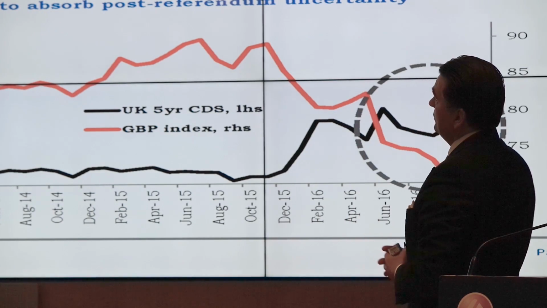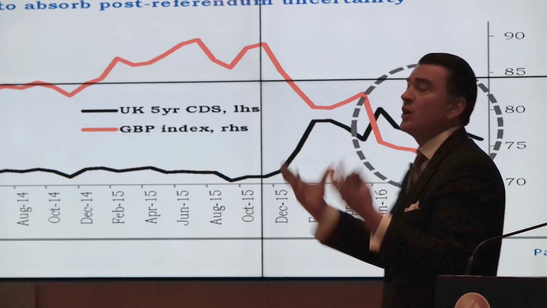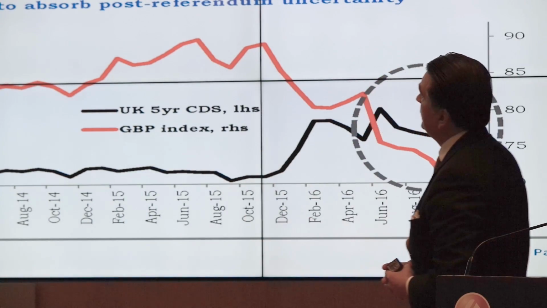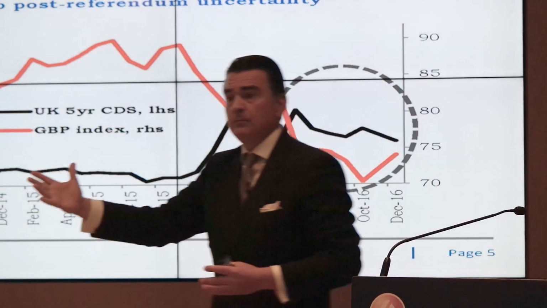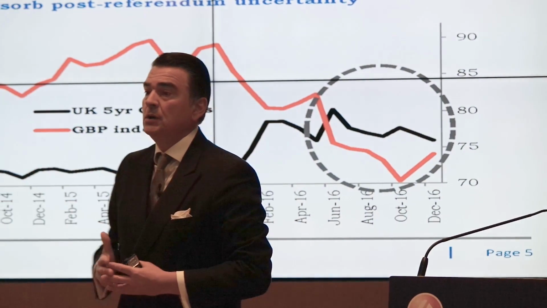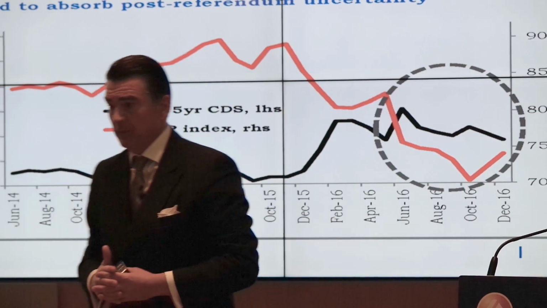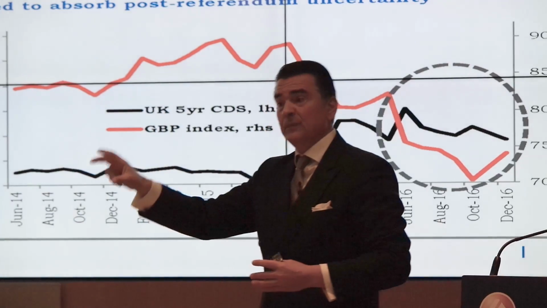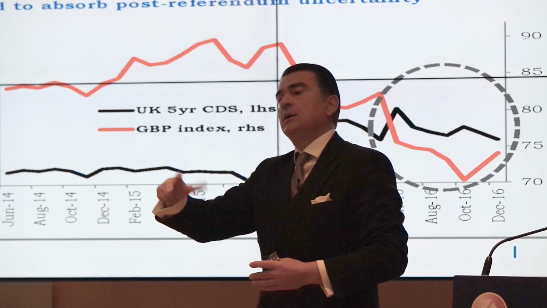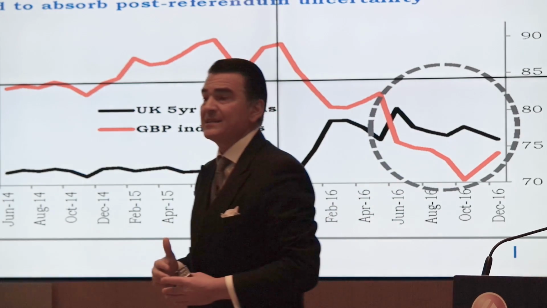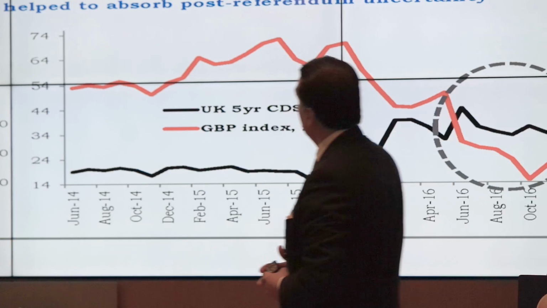In my opinion, some of the shock absorbers included a swift policy response by the Bank of England. The Bank of England introduced additional quantitative easing and cut its policy rate by 25 basis points. Of course, since November 2016, the monetary policy of the Bank of England has shifted towards a more neutral stance.